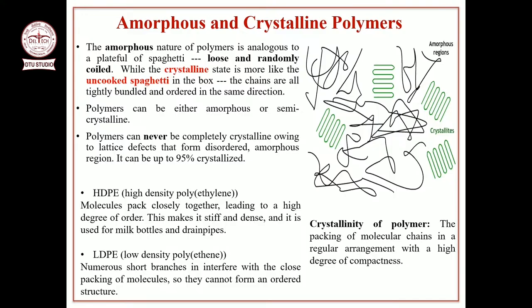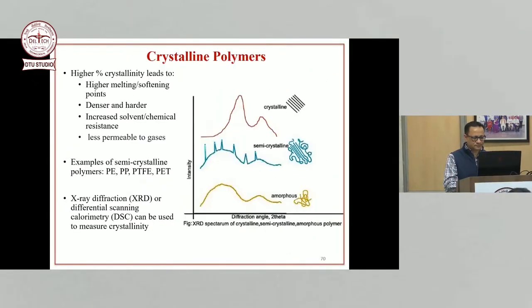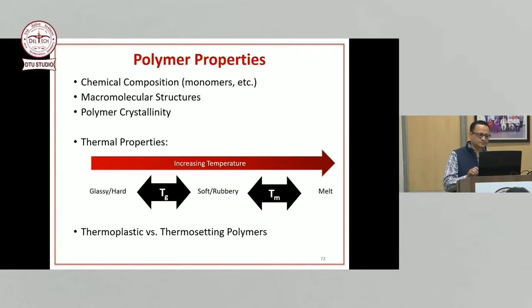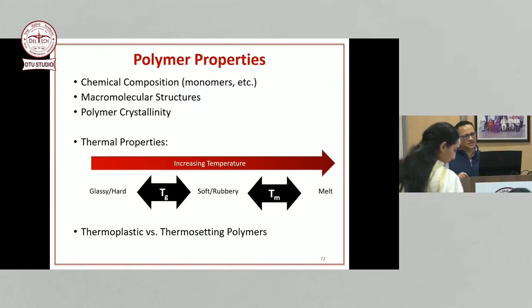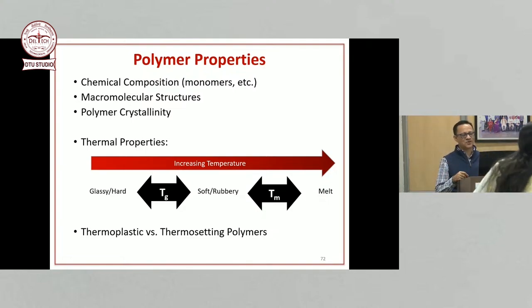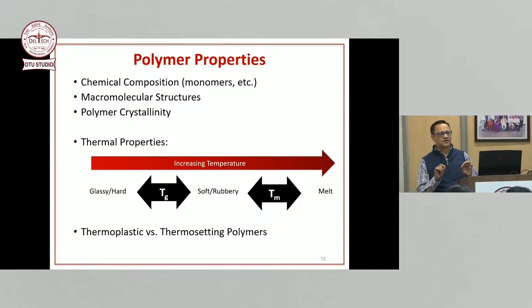And we were talking about how amorphous parts are like cooked noodles and crystalline parts are like uncooked noodles. Now we'll talk a little bit about Tg, the glass transition temperature, and Tm, the melt temperature. It can be a little bit confusing, but it's not difficult.